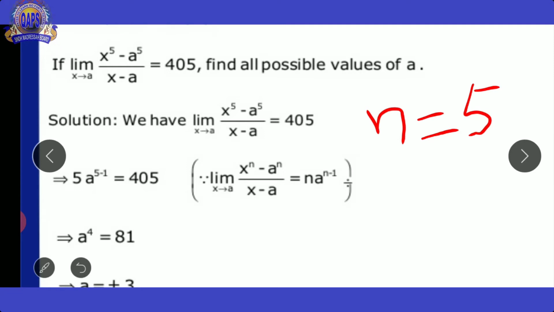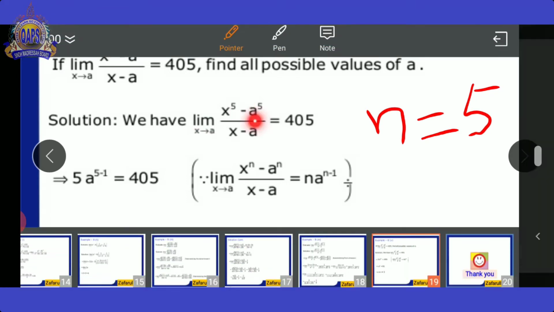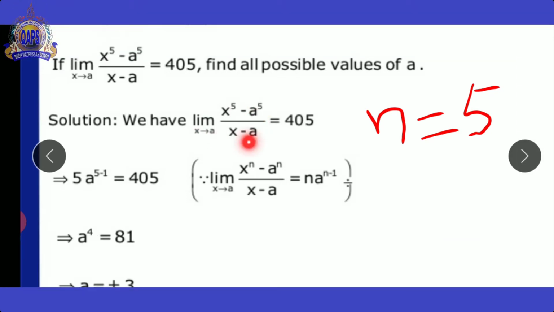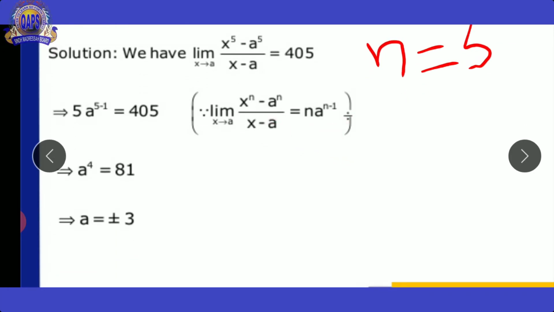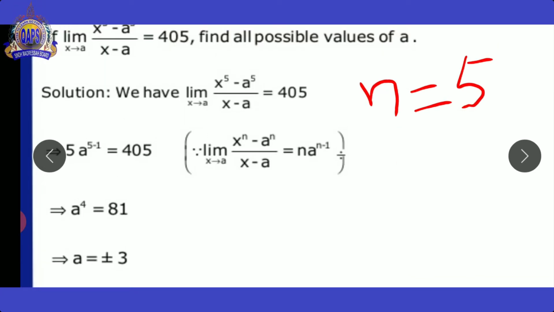In this situation we are seeing x power 5 minus a power 5 upon x minus a. So limit x tends to a, x power 5 minus a power 5 upon x minus a is equal to 405. Now we are applying this formula. So here n is equal to 5.